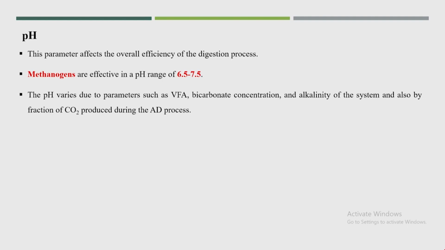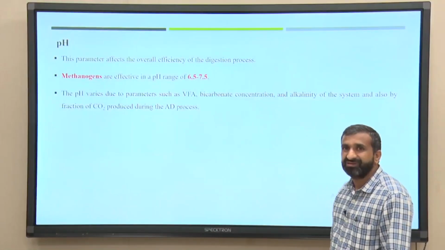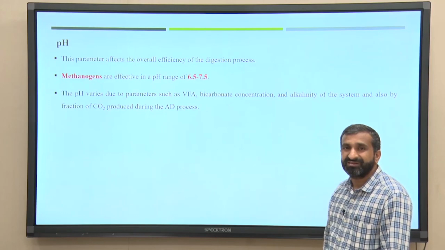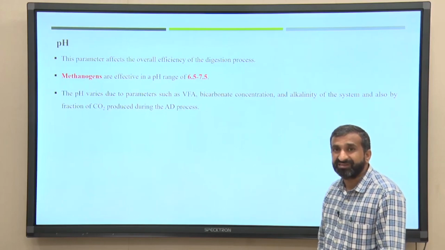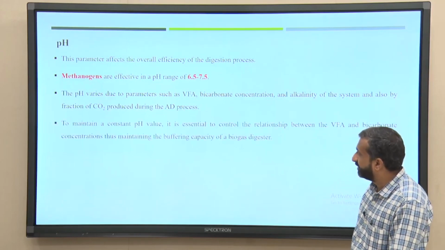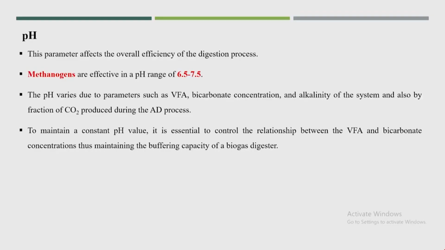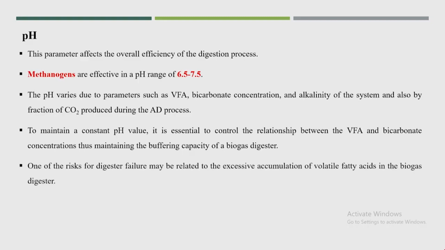So, from time to time we have to monitor the reactor for how the pH increase or reduction is possible in the reactor. To maintain a constant pH, it is essential to control the relationship between the VFA and carbonate concentration, thus maintaining the buffering capacity of the biogas reactor.